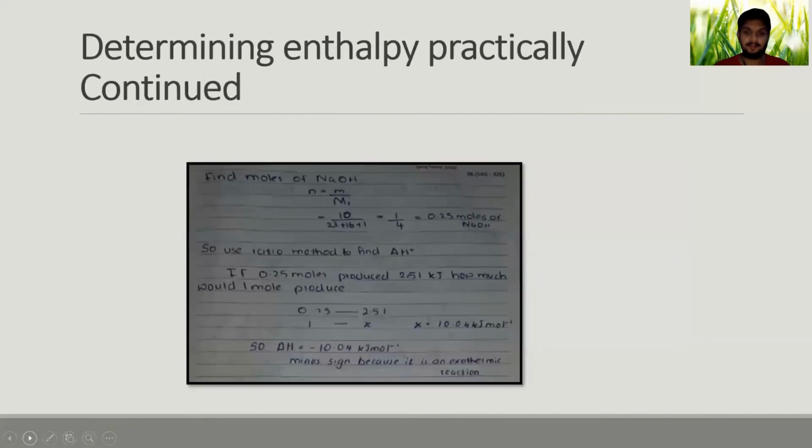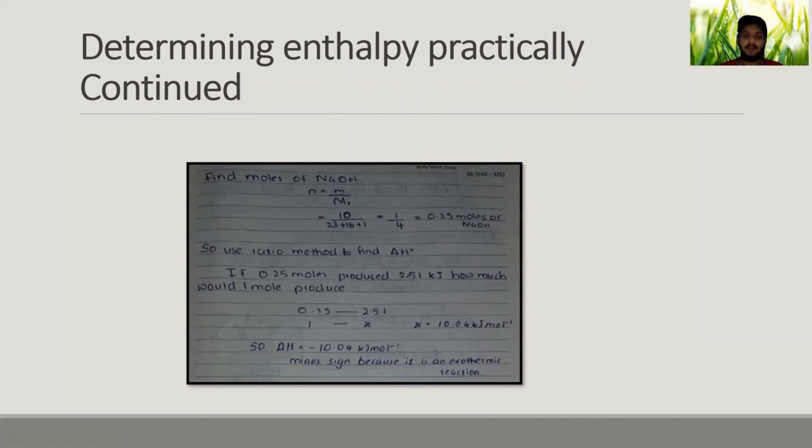So whatever moles we have in this case, you should first find the number of moles. You found your energy, now you're finding the number of moles. Then you use the ratio method: this number of moles produces this amount of joules, so for 1 mole, how many joules are produced? That value X will give you the enthalpy change.